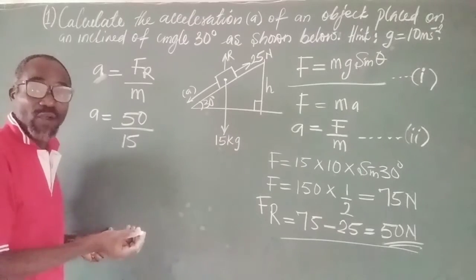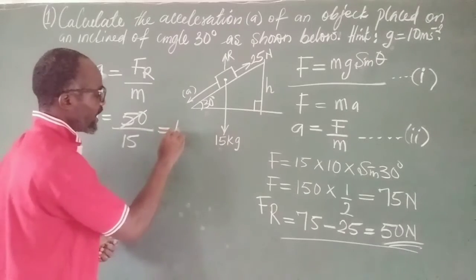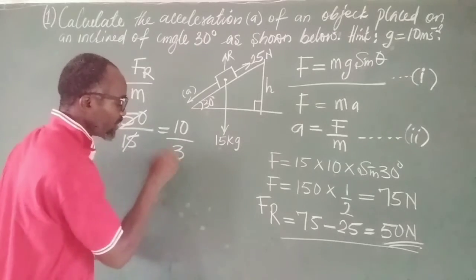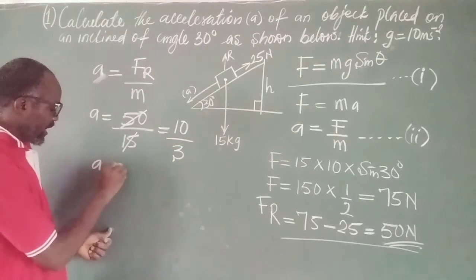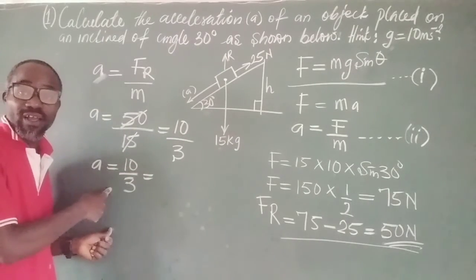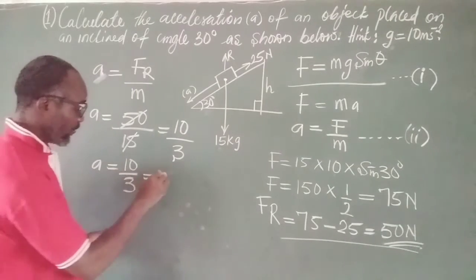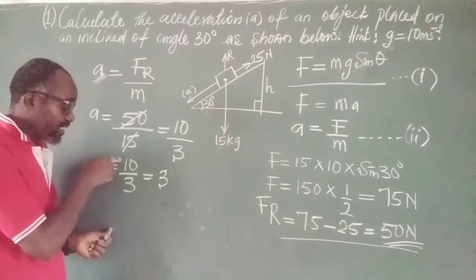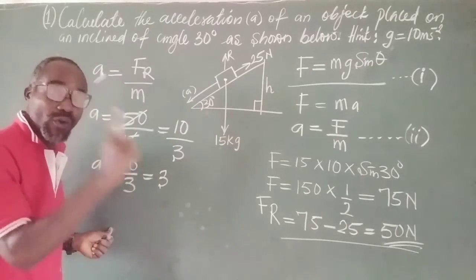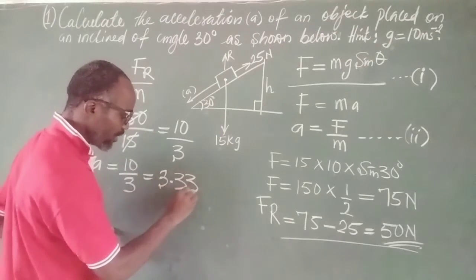We can simplify without using a calculator here. If 5 goes into 50, we have 10. If 5 goes into 15, we have 3. Very simple. So our acceleration once again becomes 10 all over 3. We can still simplify further. 10 divided by 3 is going to get 3, remainder 1, and subsequent division will give us a recurring 3.